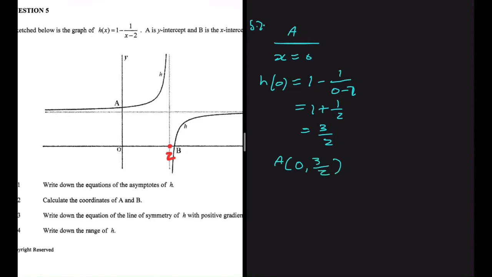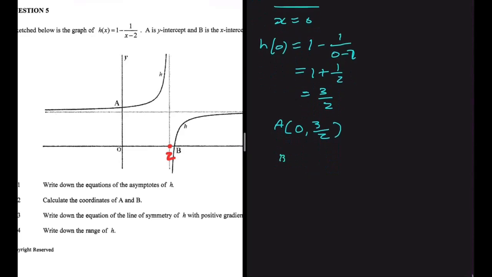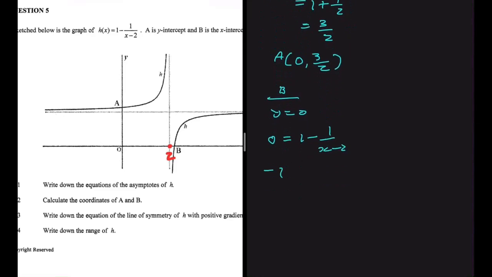And then let's move to the coordinates of B. B is the x-intercept. We know that y is equal to 0. So if we substitute that into h of x, we're going to get 0 is equal to 1 minus 1 divided by x minus 2, right? Minus 1 will be equal to minus 1 divided by x minus 2.